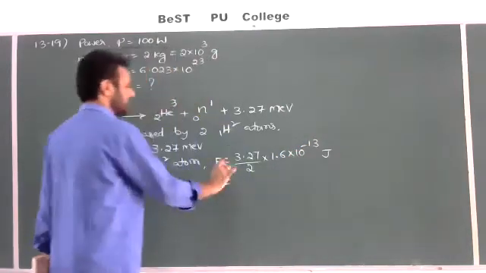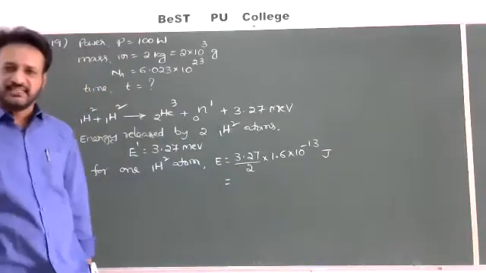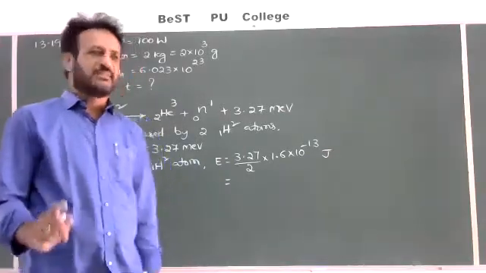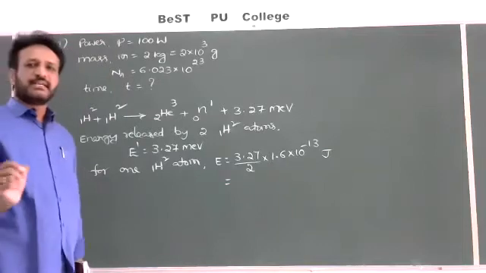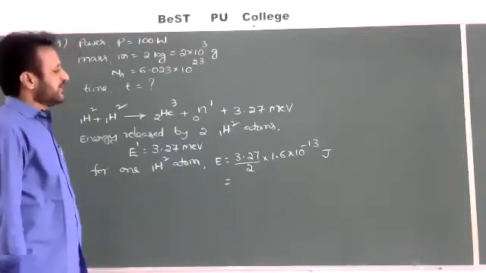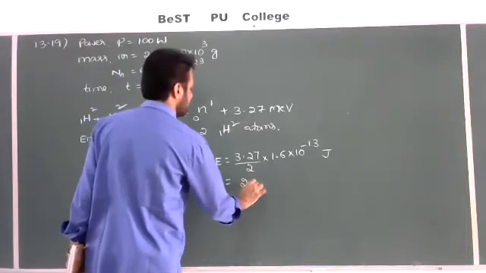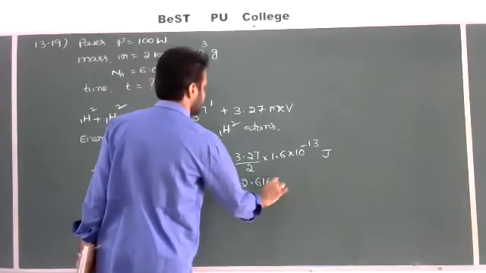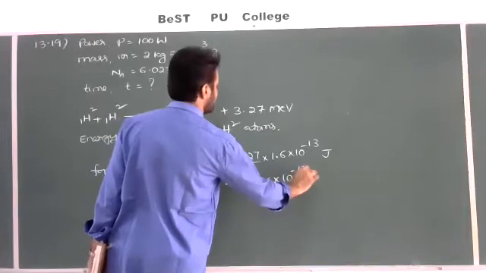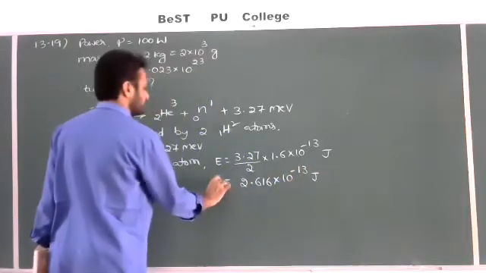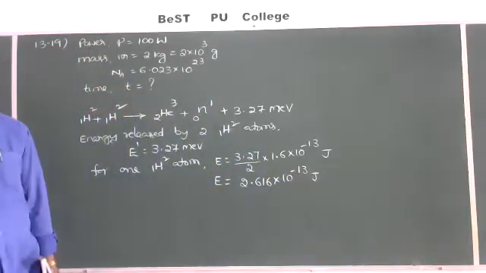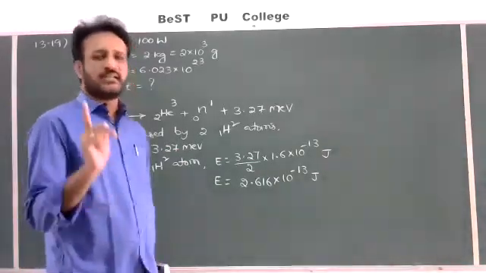You should multiply this one: 3.27 into 1.6 divided by 2. That gives 2.616 into 10 to the power of minus 13 joule. It is the total amount of energy released by one deuterium atom.